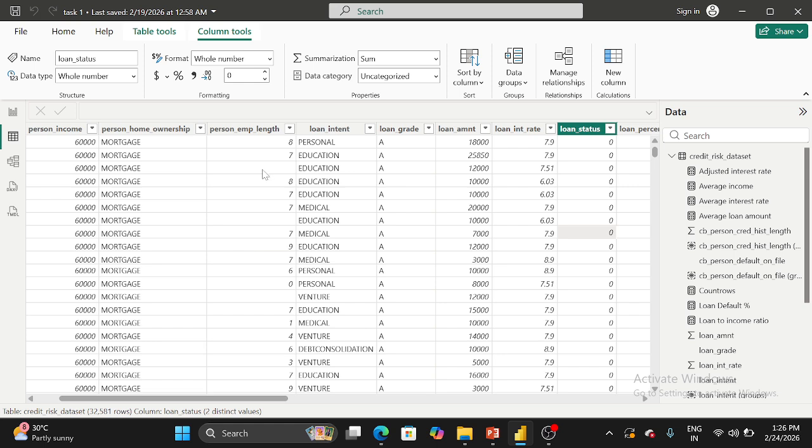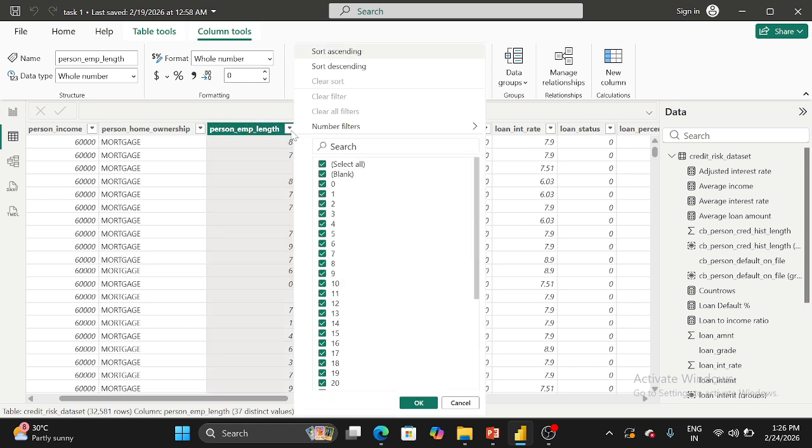Employment length is nothing but the experience that person has in the field, the work experience, starting from 0 to 123.